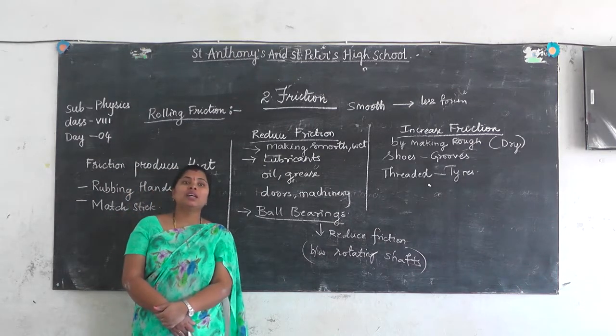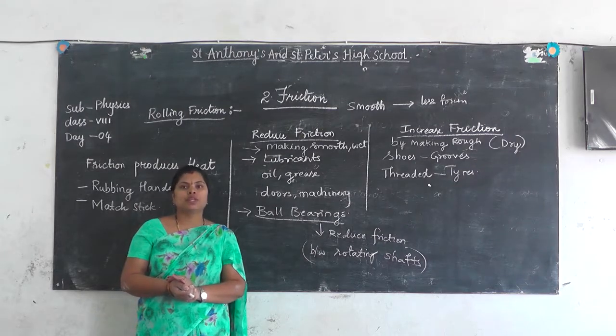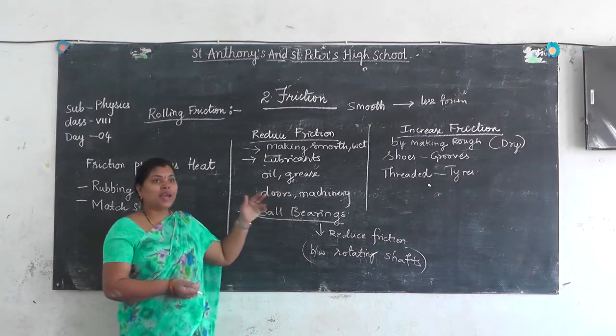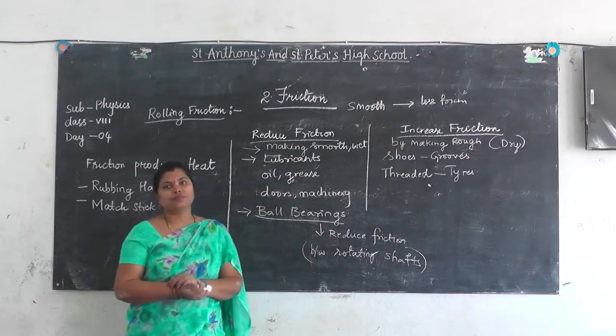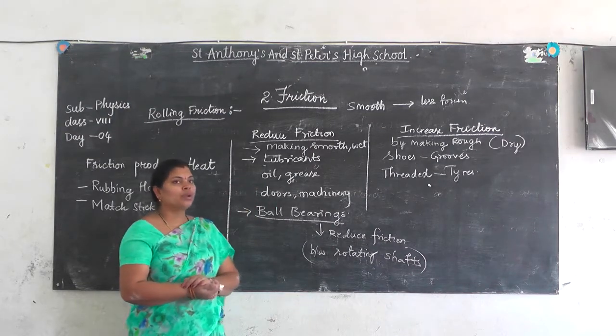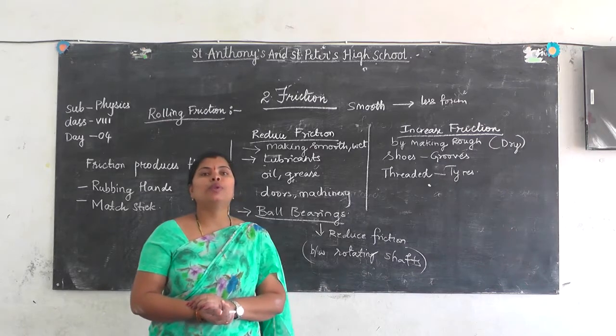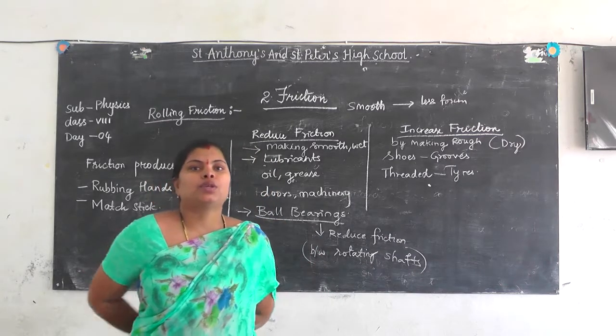So, by making the surfaces wet, we can reduce the friction. In the same way, by making the surfaces dry, we can increase the friction. Coming to the next, by using lubricants. What is meant by lubricant?